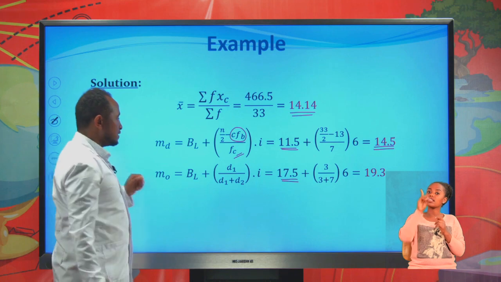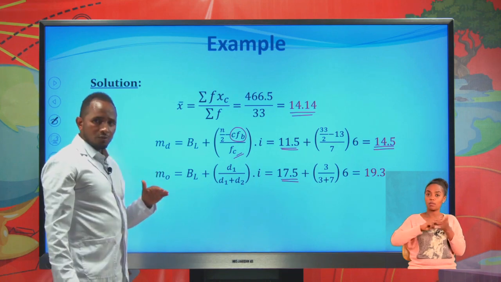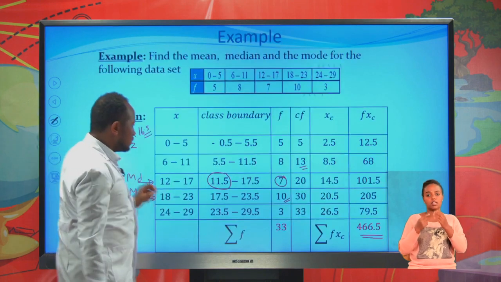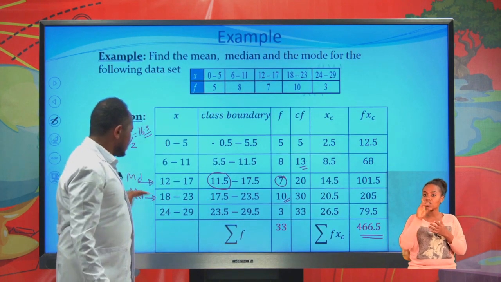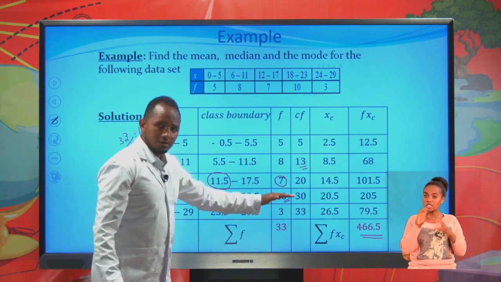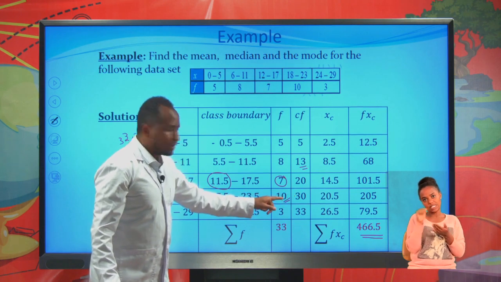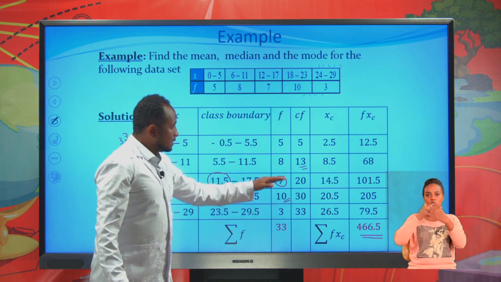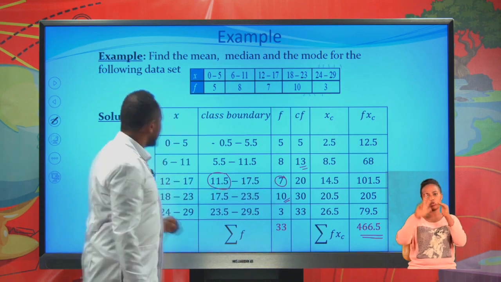D1 means the difference between the frequency of the modal class and the preceding class. Therefore, to find D1, the modal class frequency is 10. The preceding class is 7. So 10 minus 7, it is 3. D1 is 3.